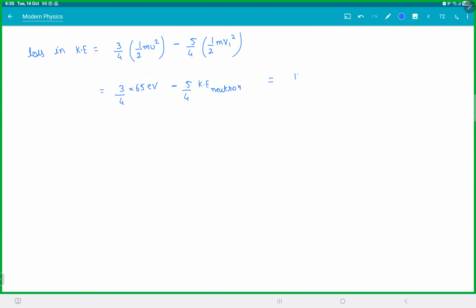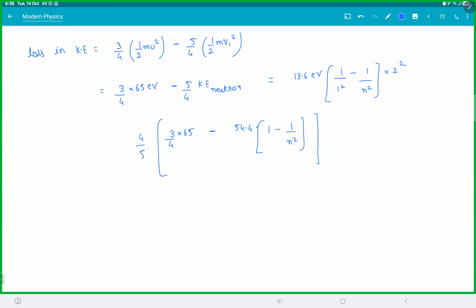So that would be 13.6 eV into 1/1 square minus 1/n square into z square. So from here we get 3/4 into 65 minus 54.4 into 1/1 minus 1/n square. This whole thing of 4/5 is kinetic energy of the neutron.